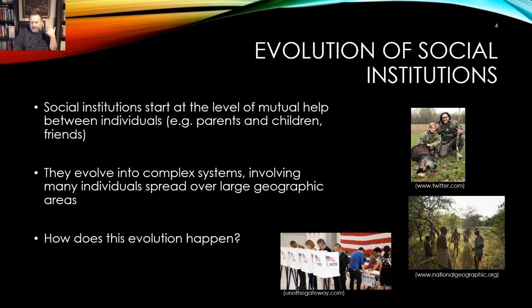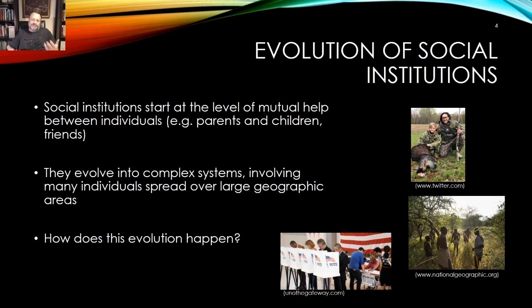Now, the question is how these social institutions evolve, because clearly at the beginning of society these were much simpler, and as society develops, more complex institutions develop in these societies. So really at the fundamental level it is about mutual help between individuals and ways of reaching mutual understanding. So for example, if you look at a parent and a child, how the child learns how to hunt, or if you look at a group of people who hunt together.